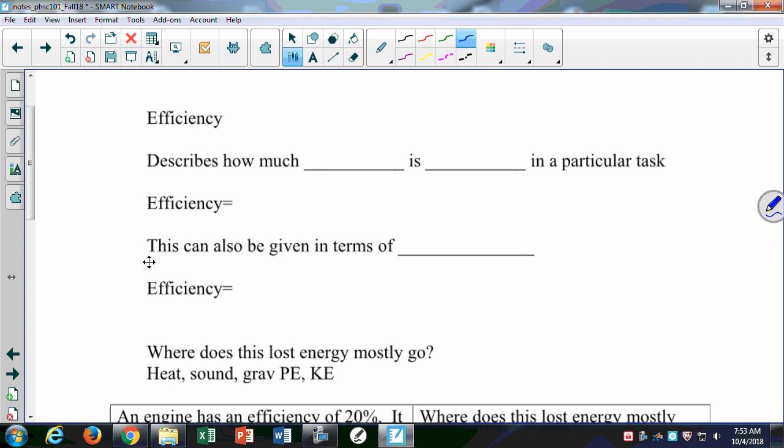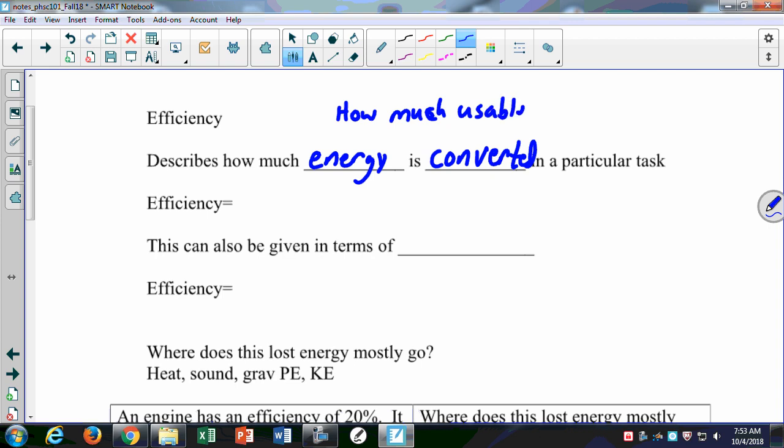The efficiency describes how much energy is converted in a particular task. It tells you how much usable energy you get. When I read this in the book, it makes sense now.